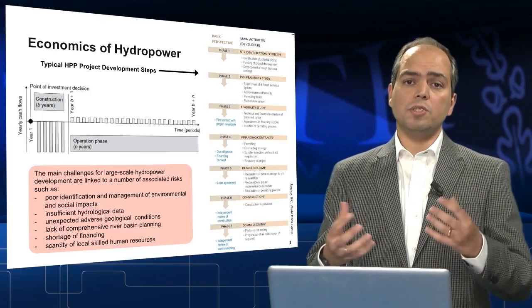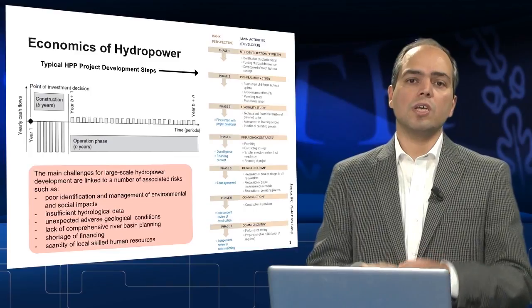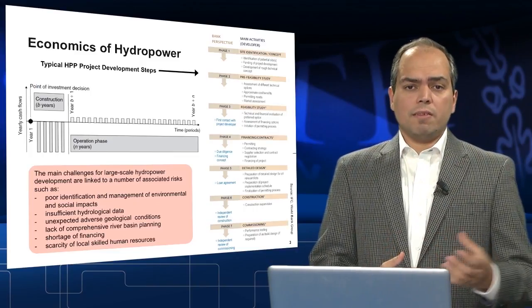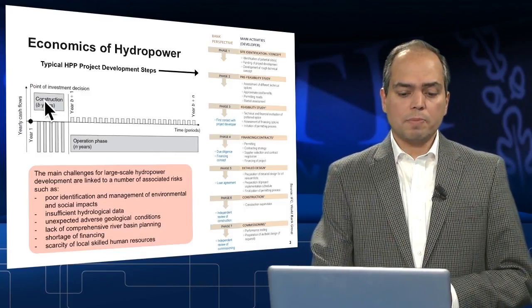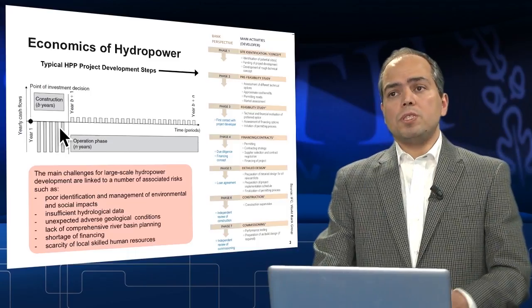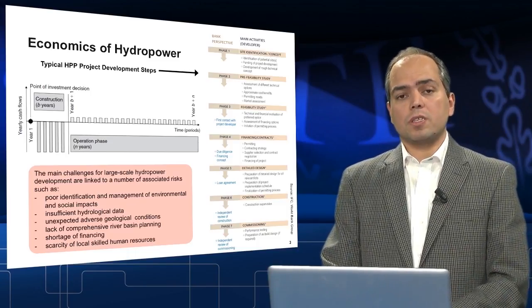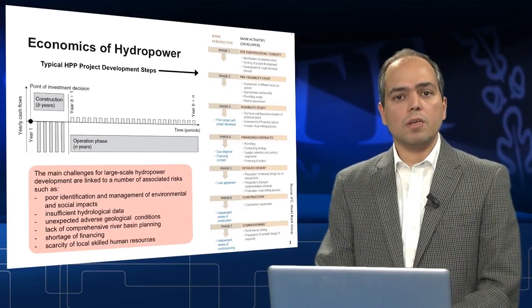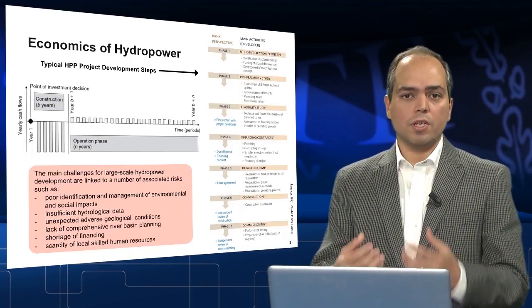It really depends on the geological conditions of one site. And then the shortage of financing. For the project, the time span here could be considered 4 years of construction, and in many countries it ends up to maybe 10 years or 12 years of construction.